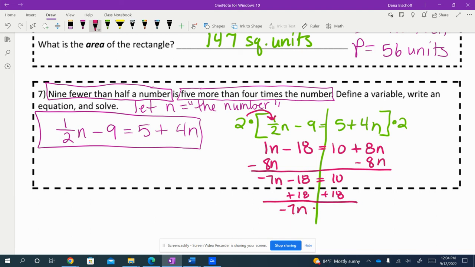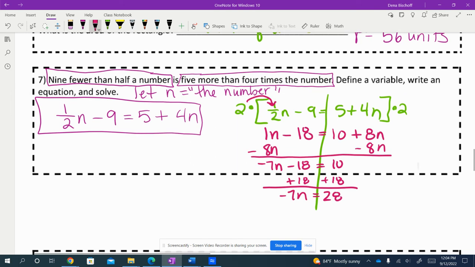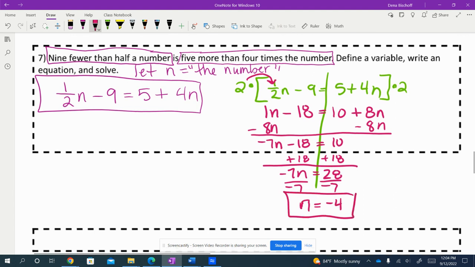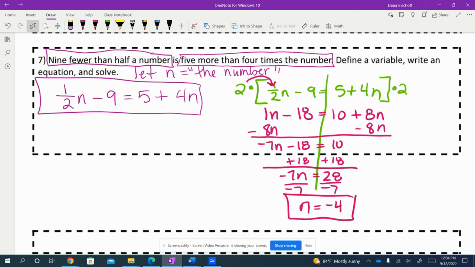Negative 7n equals 28. Last step, I'm going to divide both sides by negative 7. And I think n equals negative 4. So the number is negative 4.